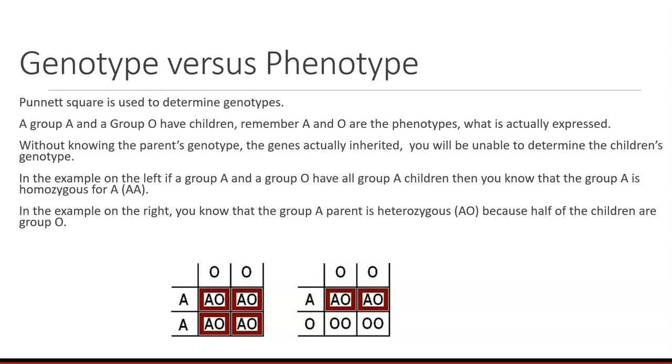Then you know that the group A is homozygous for A. Otherwise, you would have a couple of group O's sprinkled in there. In the example on the right, you know that the group A parent is heterozygous, AO, because half of the children are group O. And that would not be possible unless the group A parent was heterozygous.